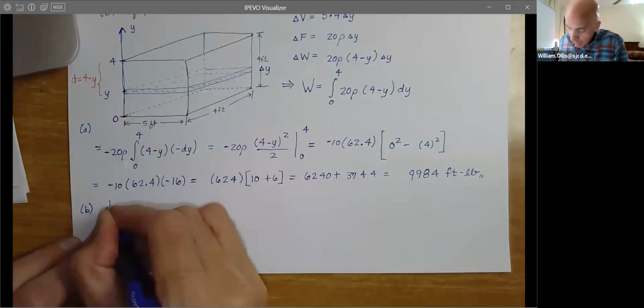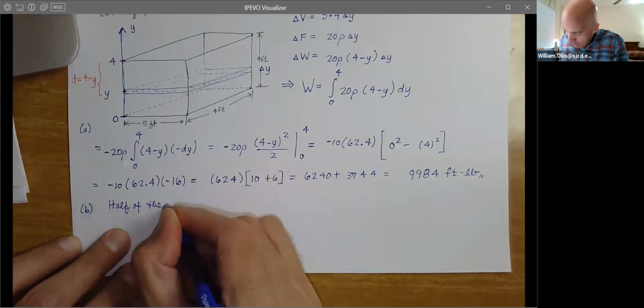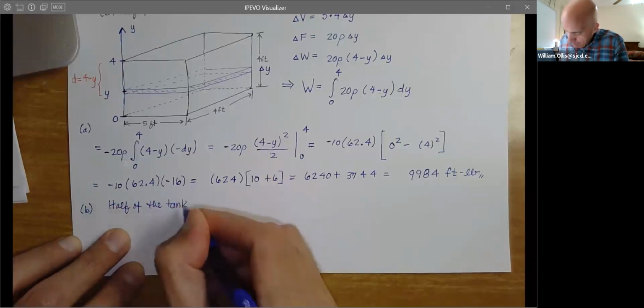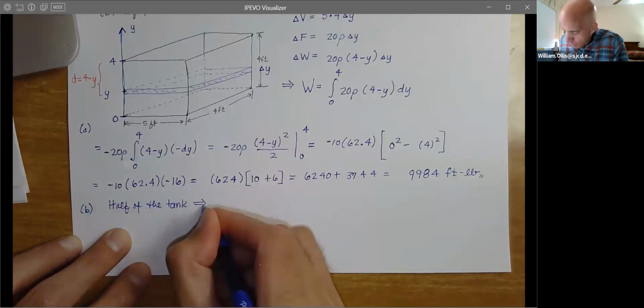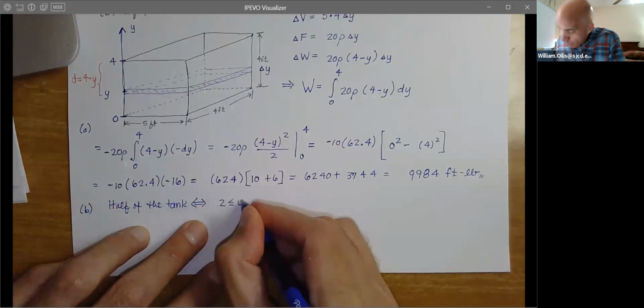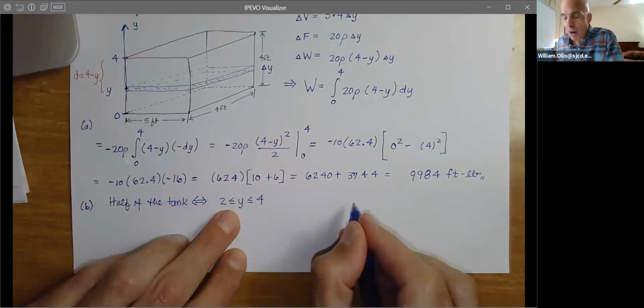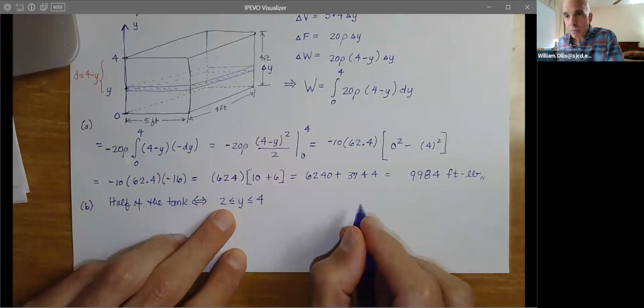So for half of the tank, this is equivalent to integrating y from 2 to 4. So we're only going to move out water in this region to empty half of the tank. The tank is full, and we want to only empty half of it.